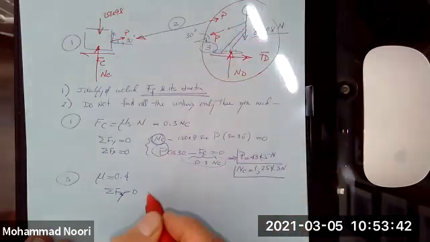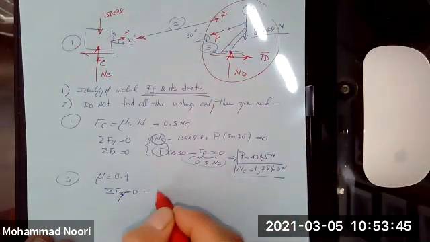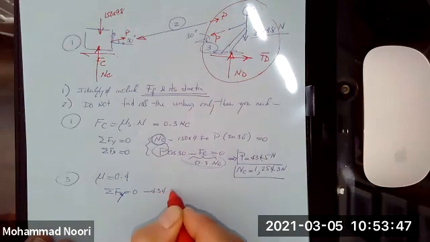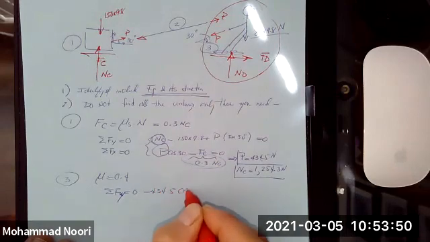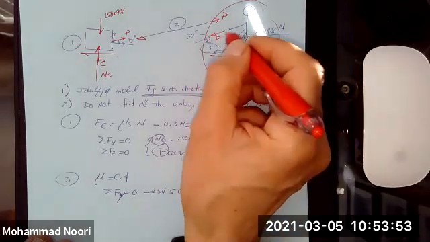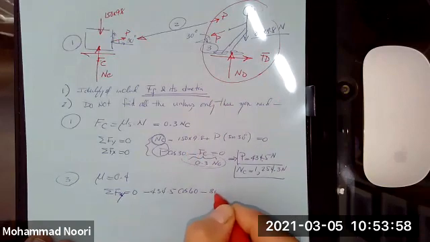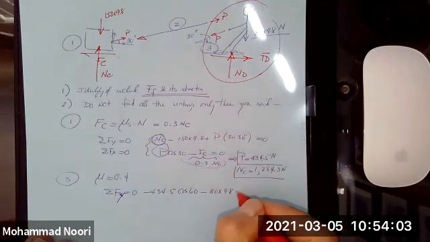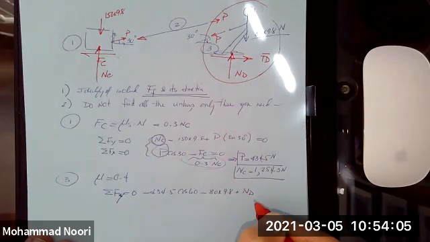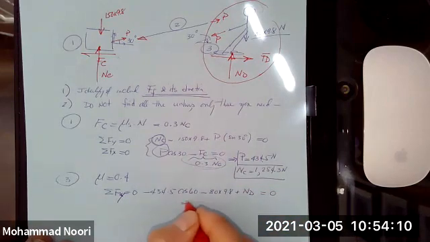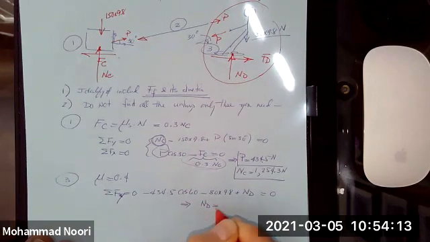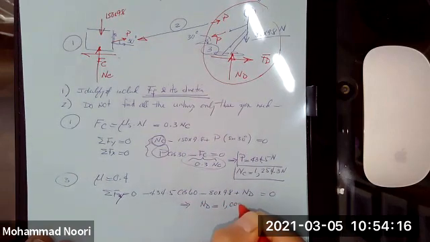So you have negative P, which is 434.5 cosine of 60, the projection of this along the y-axis, minus 80 times 9.8 plus Nd is equal to 0. Those are all the forces I have. This will give me Nd that comes out to be 1002.04 Newton.